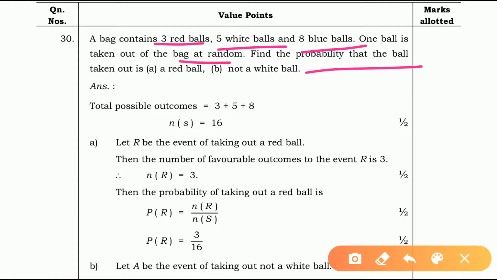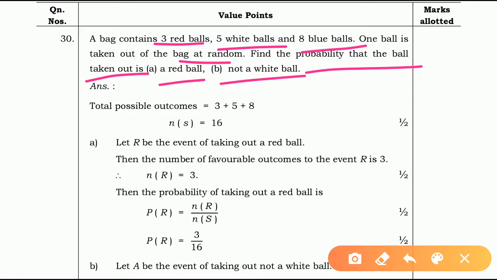Find the probability that the ball taken out is a red ball, and not a white ball. It means to find the probability that the ball taken out is 3 red balls plus 8 blue balls. Finding the probability that the ball taken out is not a white ball, both are the same.